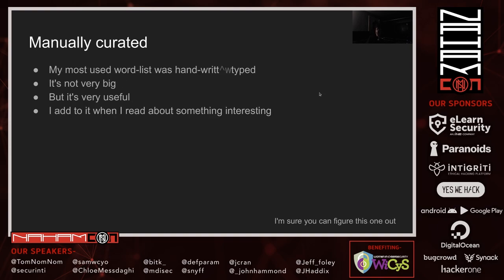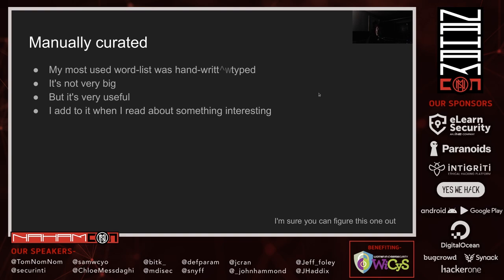One of the easiest ways to do that is to have a manually curated list. I would say the word list that I use the most is one that I typed out myself. It's not very big. I think it has maybe 200 entries in it or so, but it has been very, very useful. It's made me a reasonable amount of money over the couple of years that I've been putting it together.